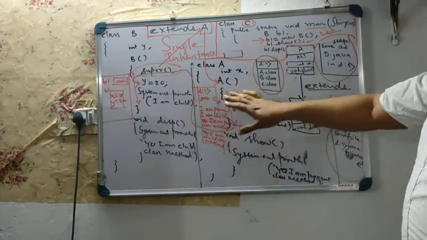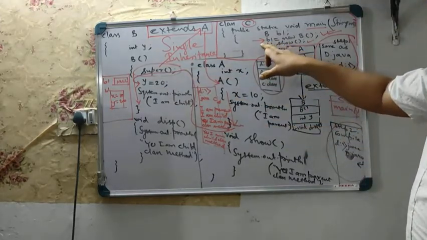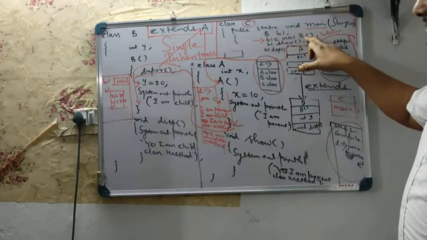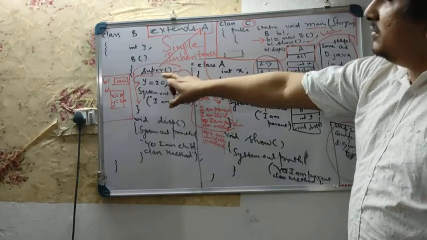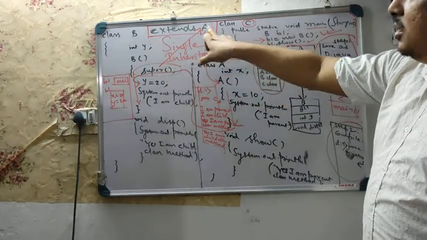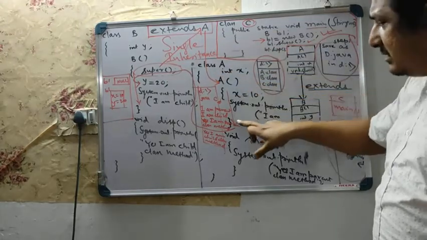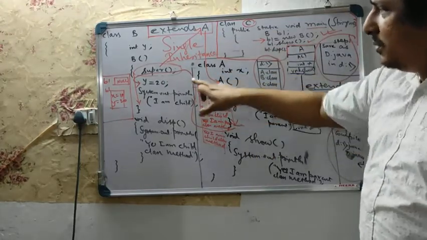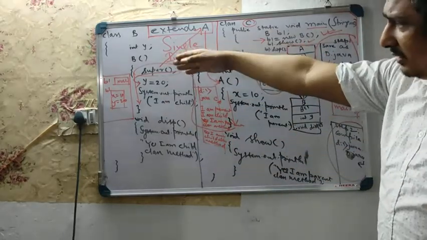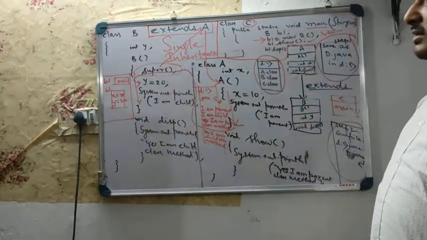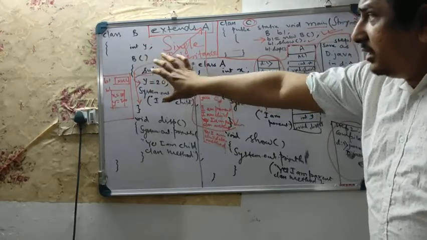While running, it will directly go to call the constructor of the B class, but before completing the execution of the B class, whenever it finds the super keyword, it checks who is my parent, immediately goes to the constructor of the parent and executes it. Once it is completed, it will go back just to the next line after where it was called, and then it will complete the execution of the constructor of its own.